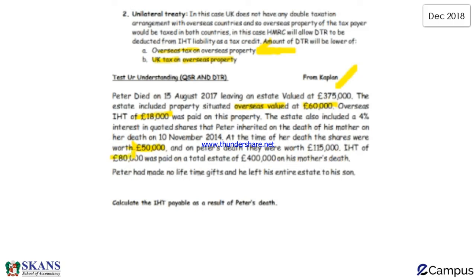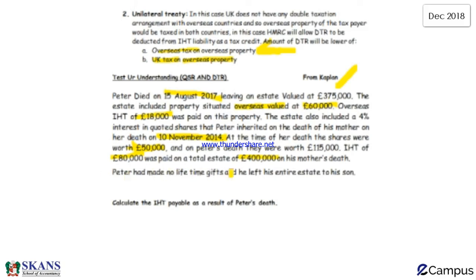Now, you can use these three figures to calculate IHT on first death, and you can compare the date of death of Peter's mother and the date of death of Peter in order to find out the percentage of quick succession relief. November 2014, that will be November 2015, November 2016, but not November 2017. So that would be 2 to 3 years, most probably.